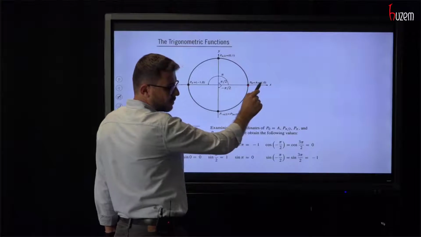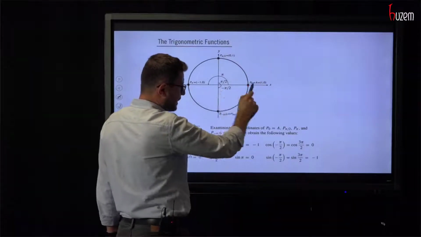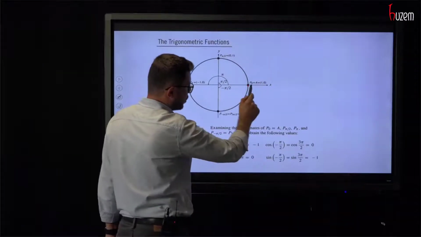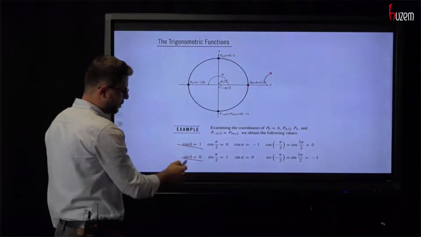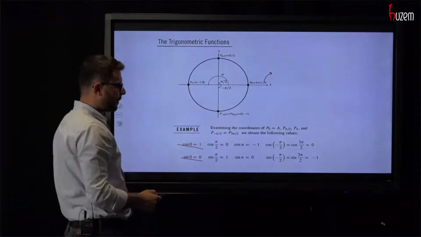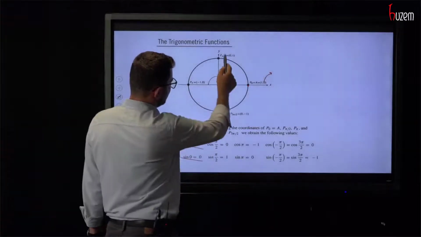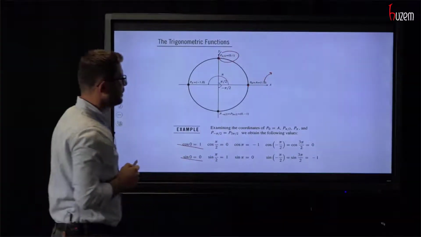That means our cosine value at this angle is 1, so cosine 0 has to be 1. Similarly, the y coordinate is equal to 0, so that means sine 0 is equal to 0. Let's move on to the next angle, pi halves.